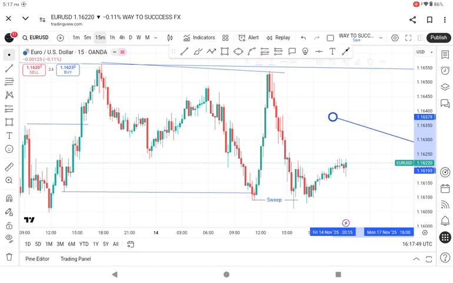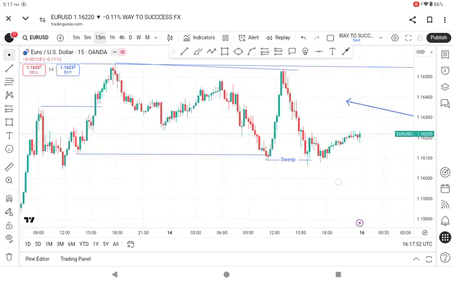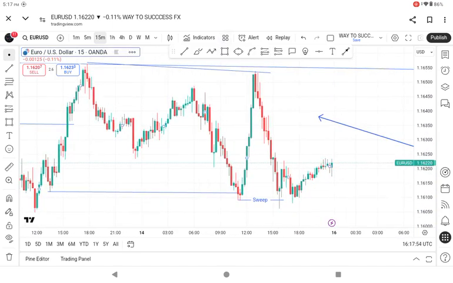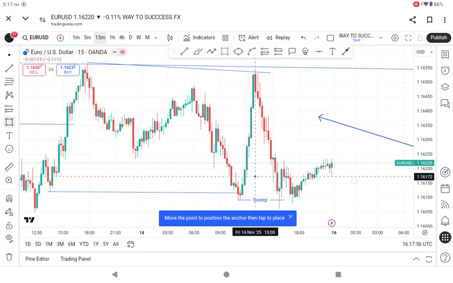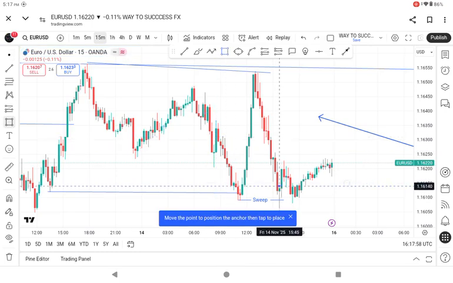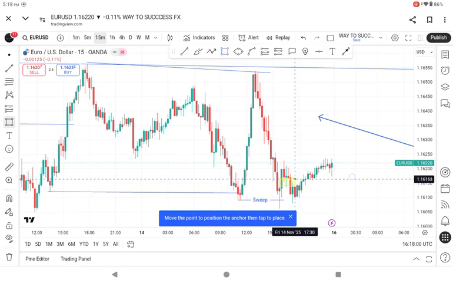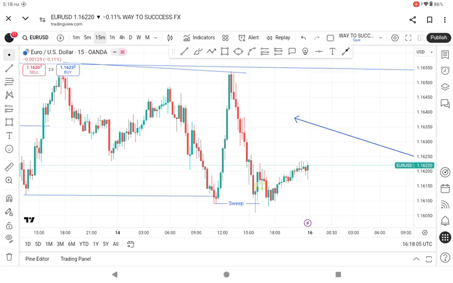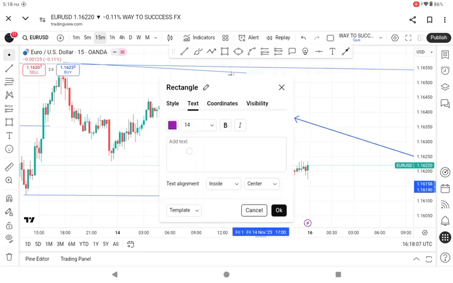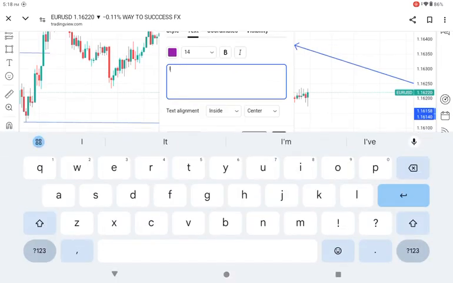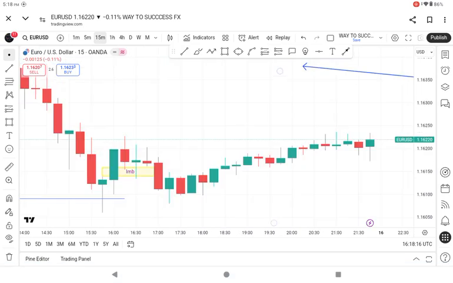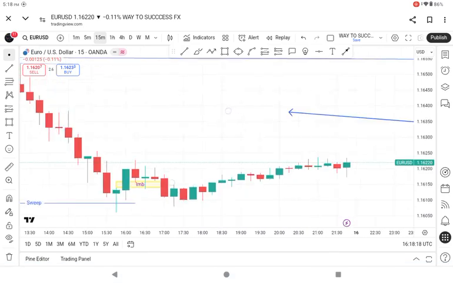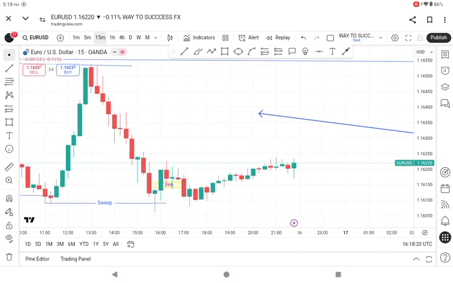If you look here, you will see an imbalance. Inside this imbalance, when price pulled back into the imbalance, I decided to buy. So that is why I bought on EURUSD before the weekend.